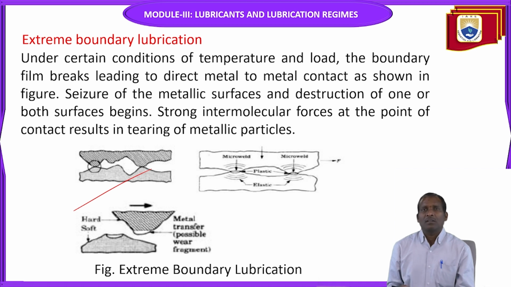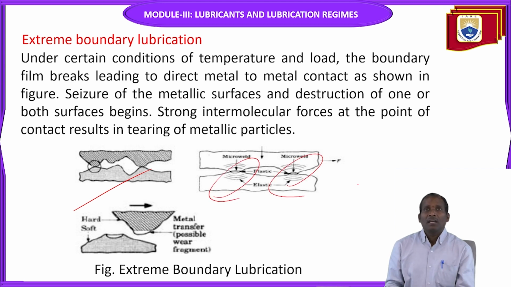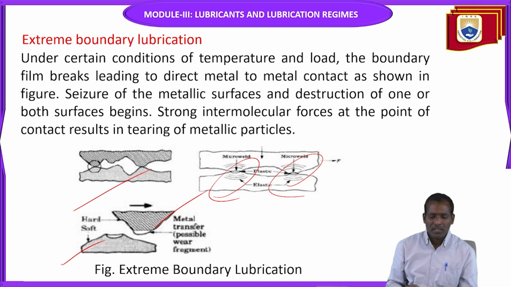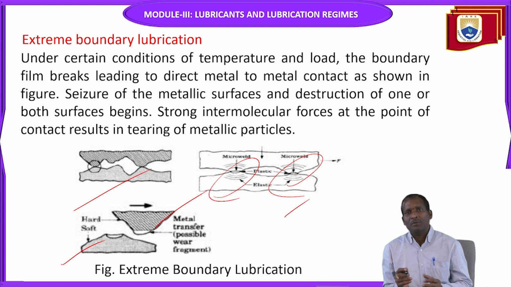The strong intermolecular forces at the point of contact result in tearing of metallic particles. You can see soft material and hard material, and metal transfer is possible where a fragment is there. Due to these intermolecular forces, some micro welds can be observed at these contacting surfaces.